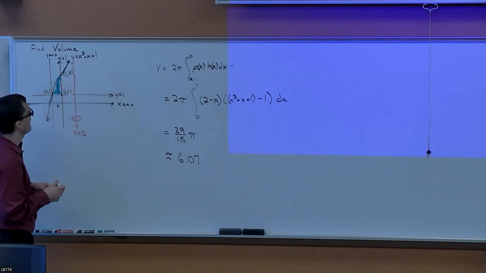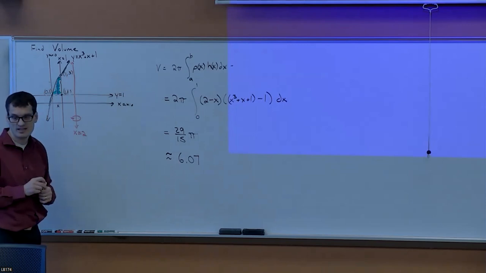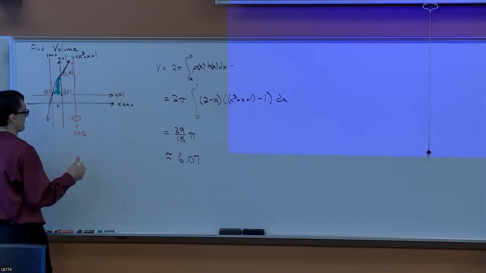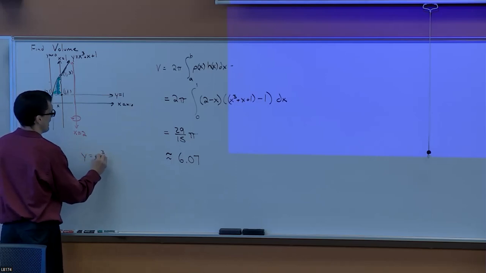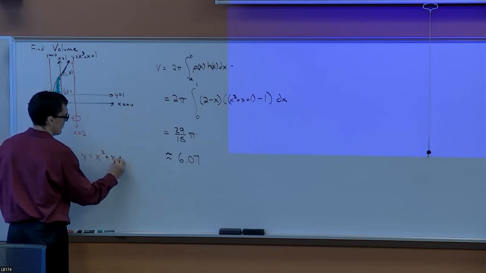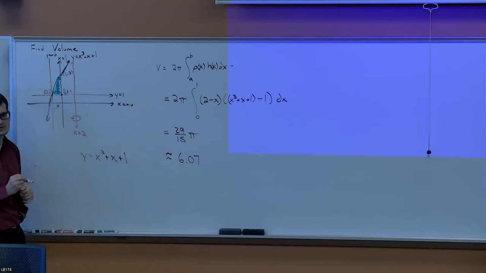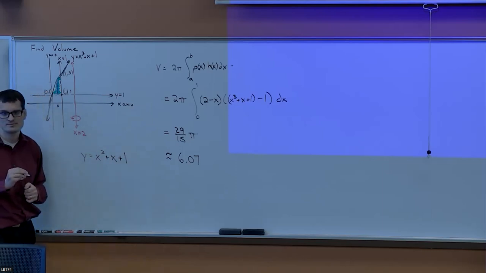And solving y equals x to the third plus x plus 1 for x is really difficult, if not impossible in this section. So think about how you'd actually even try to solve that. That'd be a really, really tough thing to do. Solving this for x.